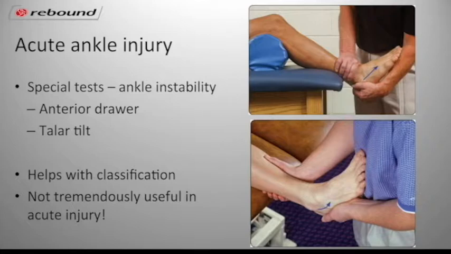I'll talk a little bit about these special tests in the physical examination part, but essentially the anterior drawer test is testing the anterior talofibular ligament, trying to basically pull the talus forward from under the tibia by directing an anterior force while holding the lower leg. The talar tilt exam is testing both the anterior talofibular ligament as well as the calcaneofibular ligament, again trying to open up the lateral side of the ankle.